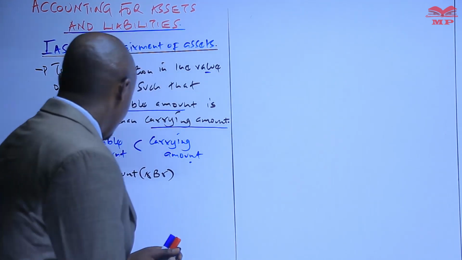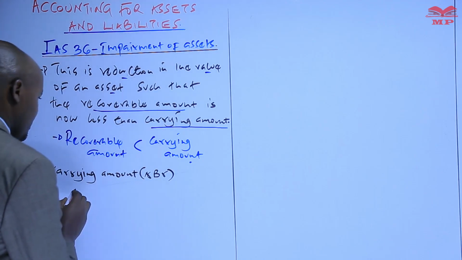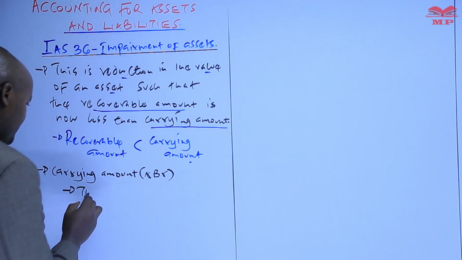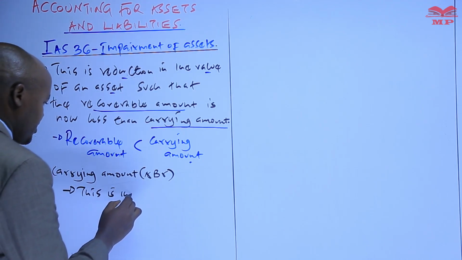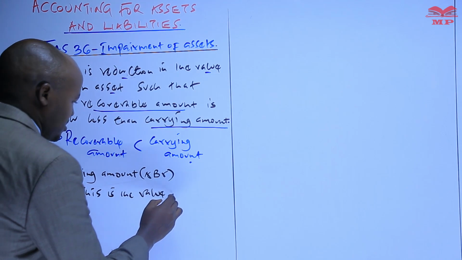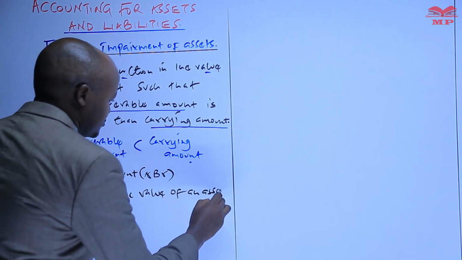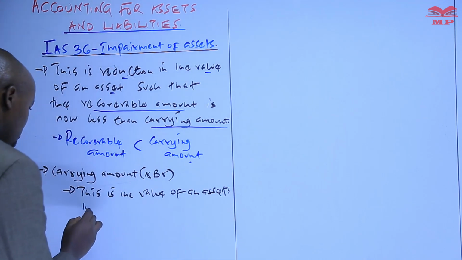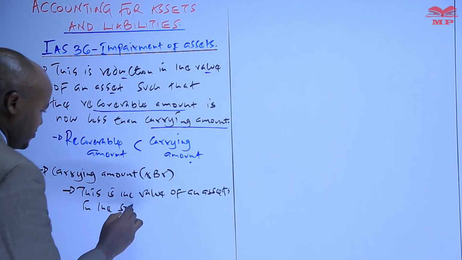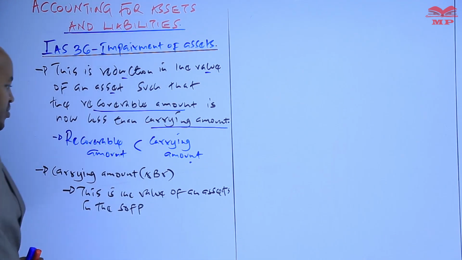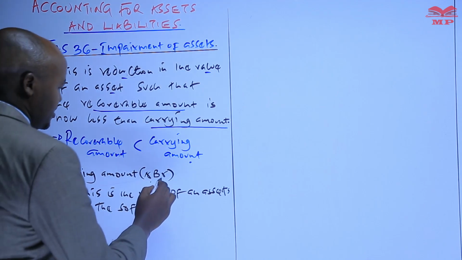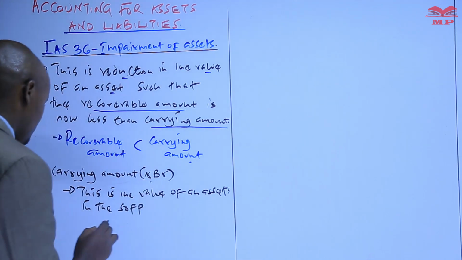But let's define what is the carrying amount. We have said that this is the value of an asset in the statement of financial position, and we are saying it is the same as the net book value.